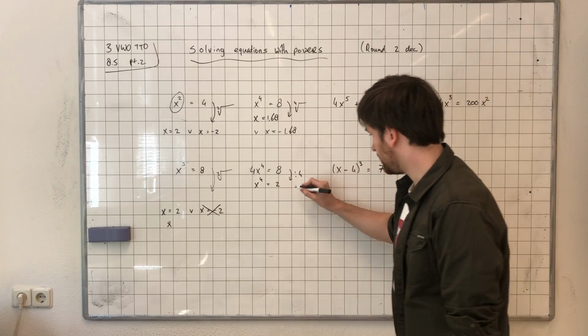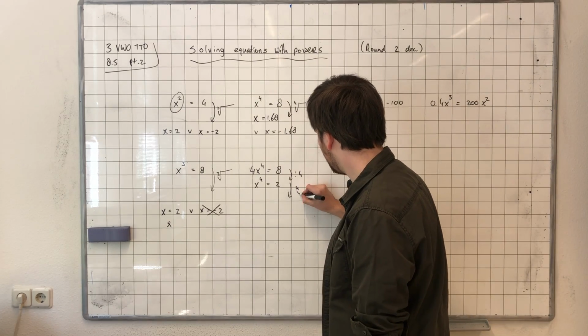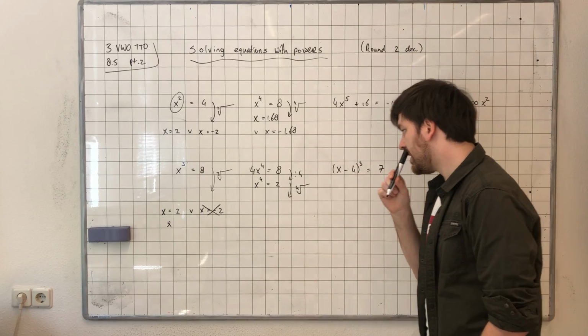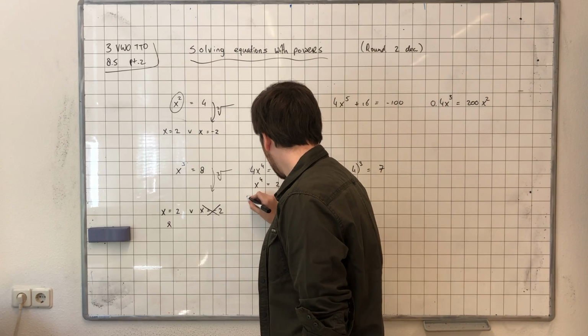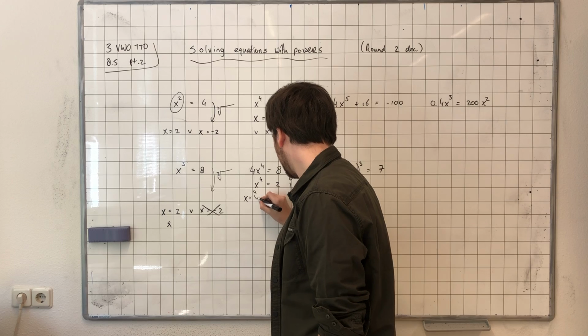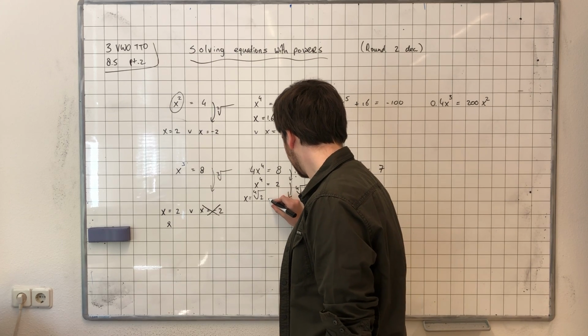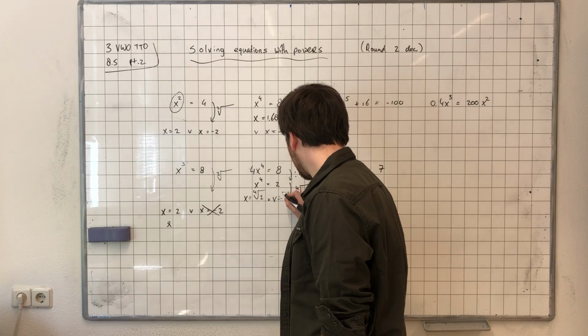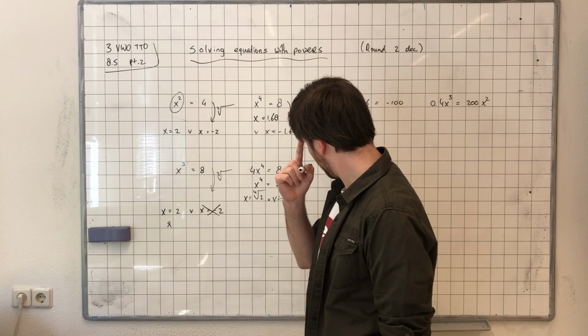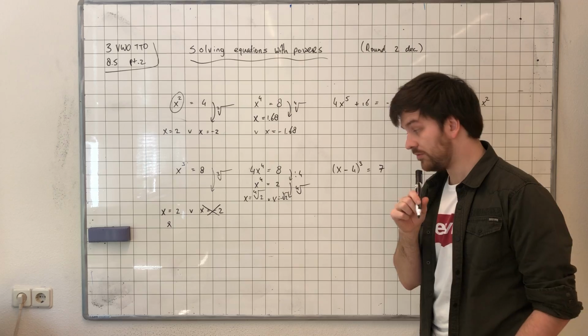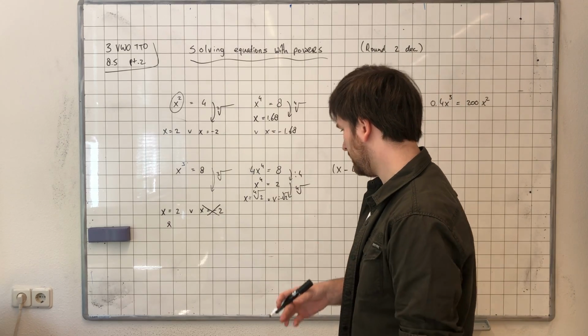And then we're going to do the same thing as we just did. Take the 4th root. So now x is equal to the 4th root of 2. This is something you can put in your calculator again.